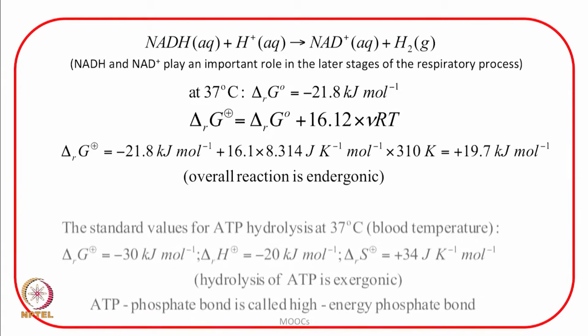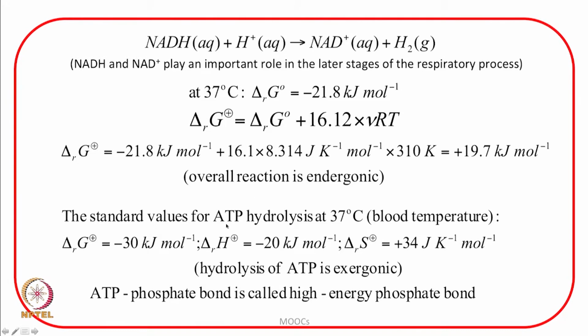Now, let us take another example for ATP hydrolysis. This is an example of an exergonic reaction. Again, let us consider the blood temperature, which is 37 degrees Celsius. The calculations suggest that the biological standard reaction Gibbs energy is minus 30 kilojoules per mole.